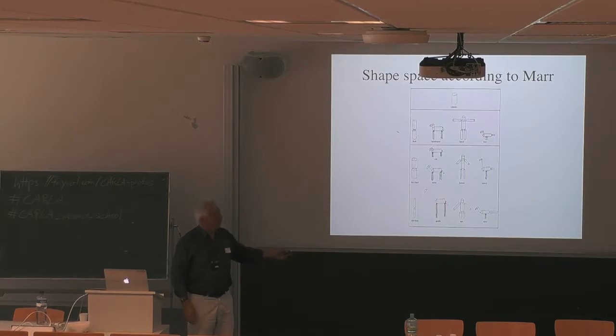And the point here is that a cylinder you can describe with two coordinates, its length and its thickness. And then you can talk a little bit about how these pieces are put together. You can define each of these things as a kind of multidimensional vector. So that Marr representation clearly defines a shape space, in terms of the thickness and the length and the angles and connection points and so on.